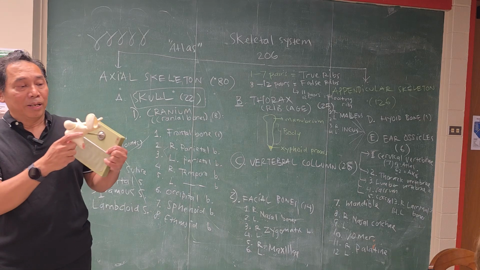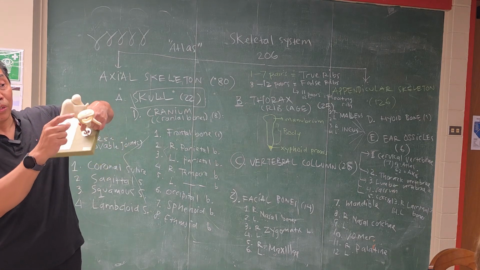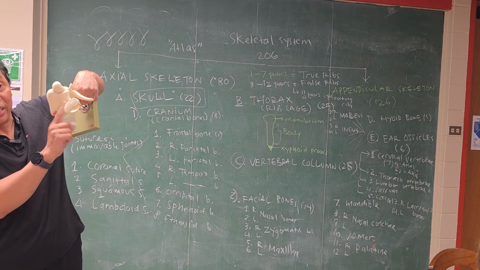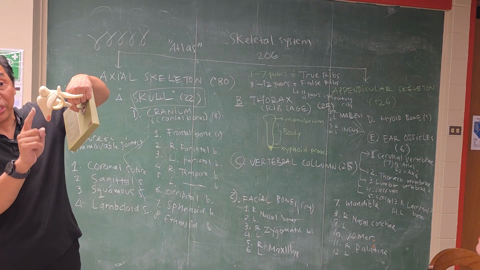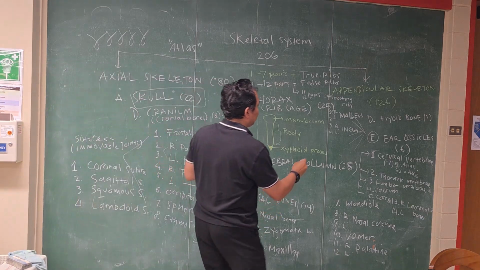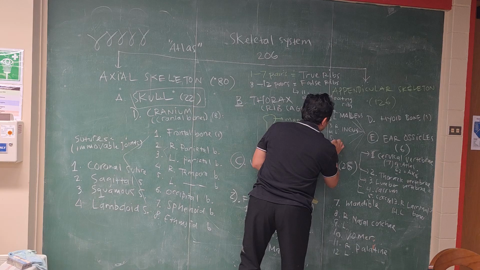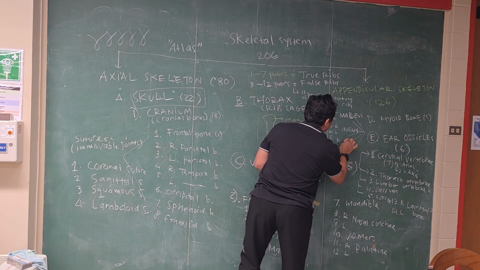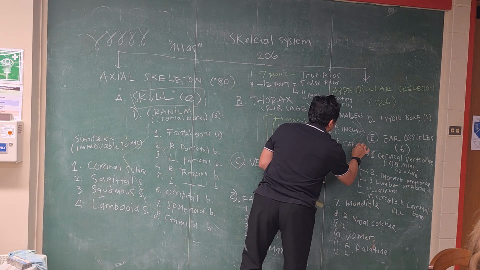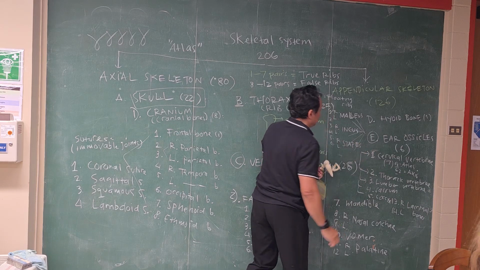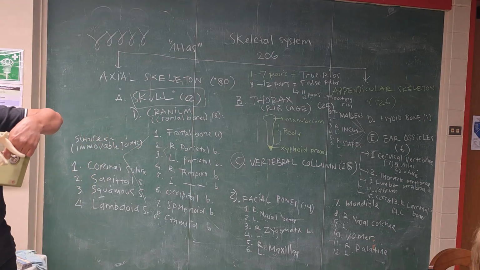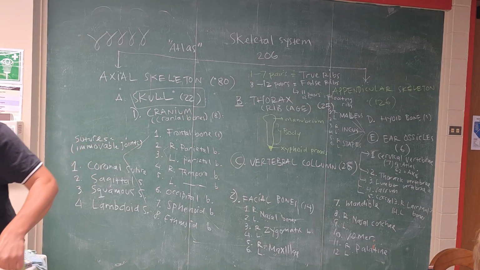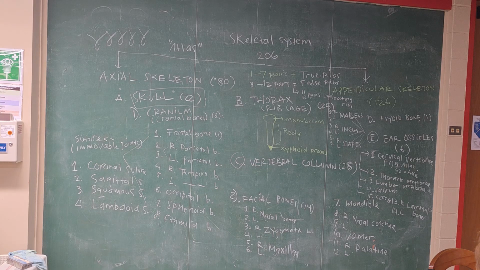Now, from the incus, the vibration will go to the next ear ossicle over here. It's called the stapes. Number 5 and 6, right and left stapes. Okay, and then from this stapes, the vibration will enter into our inner ear, which is here.